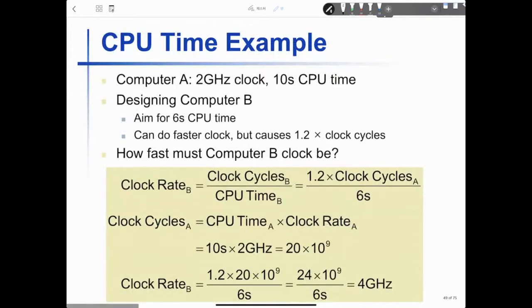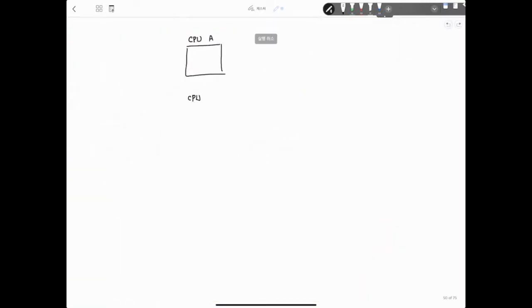We have two computers, two processors, CPU A and CPU B. In the CPU A case, the clock frequency is 2 gigahertz.